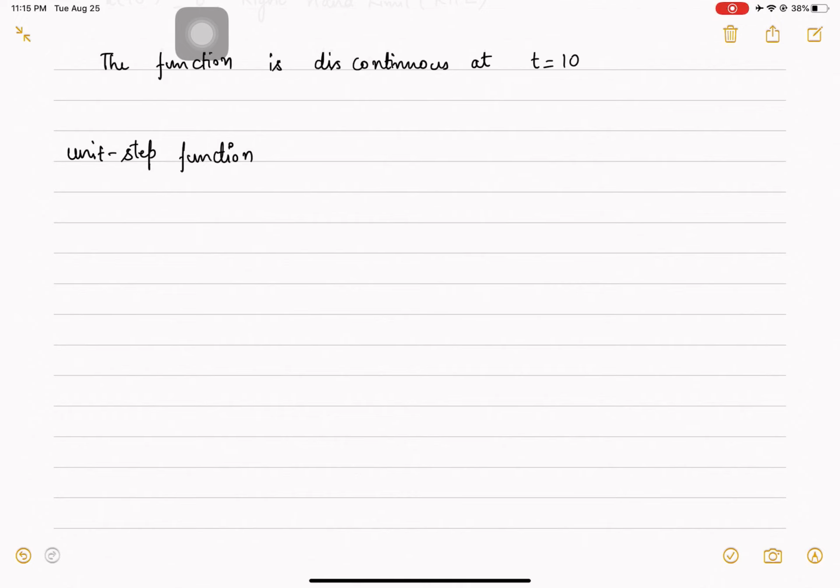This is when you encounter time domain analysis in a control system course. One of the test signals fed to the system is a unit step function, and you will be studying the response of the system to it. The definition is as follows: u of t is equal to 1 for t greater than 0, and equal to 0 for t less than 0.